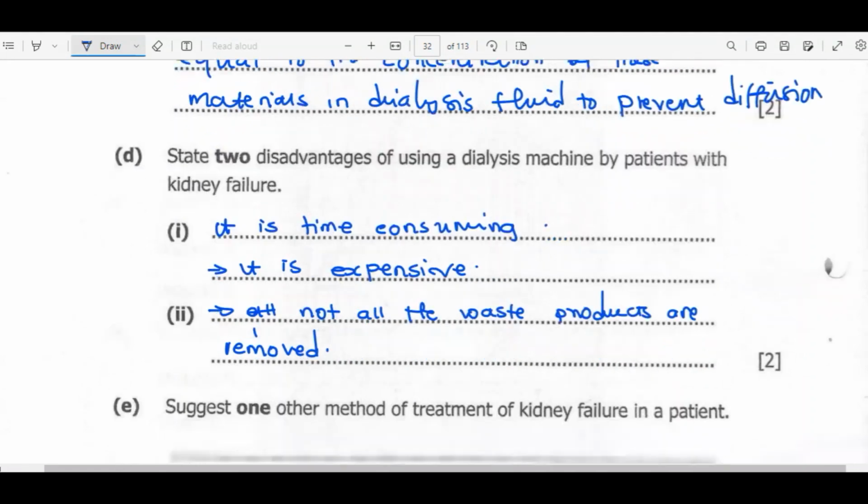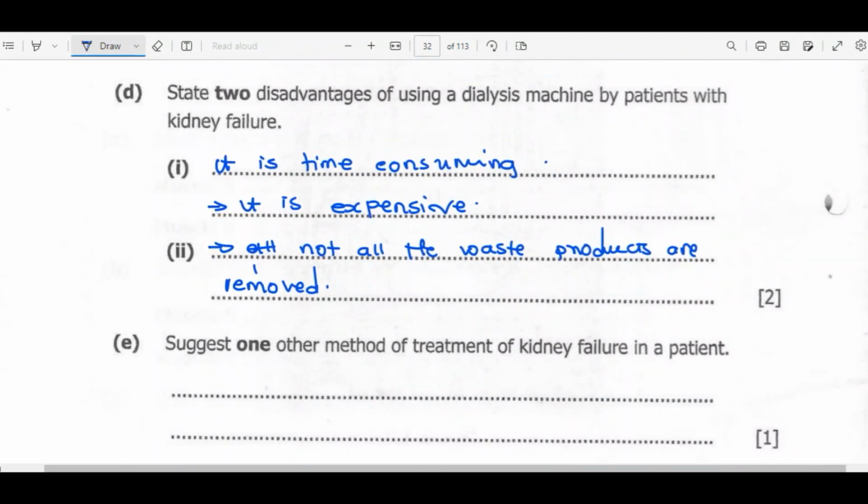Then if you look at question E, suggest one other method of treatment of kidney failure in patients. So we can use kidney transplant. So this is how we can answer questions like this. Now my advice is that as you are studying biology, don't stick to notes that you have in your books.